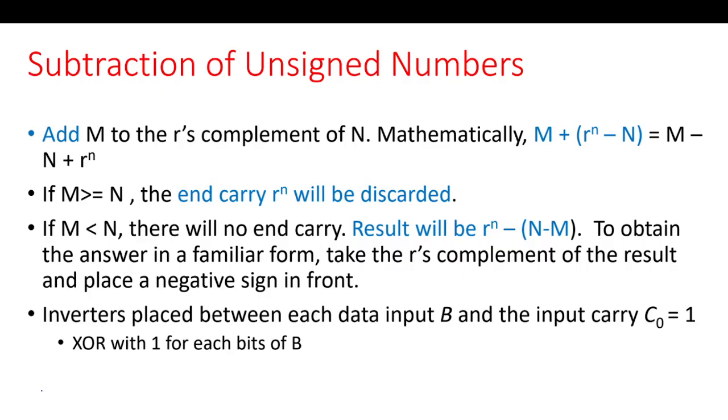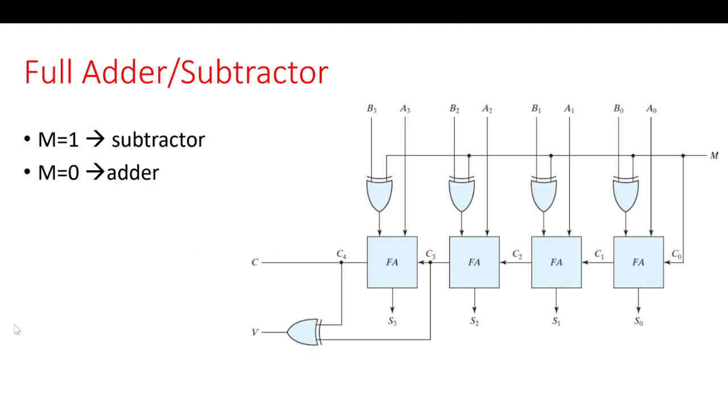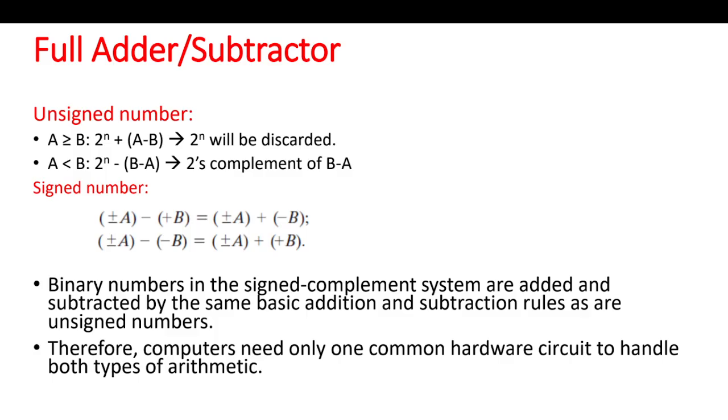When we say signed numbers, we have n minus 1 bits and 1 bit for sign. And how do we take two's complement? That is by taking the one's complement plus 1.